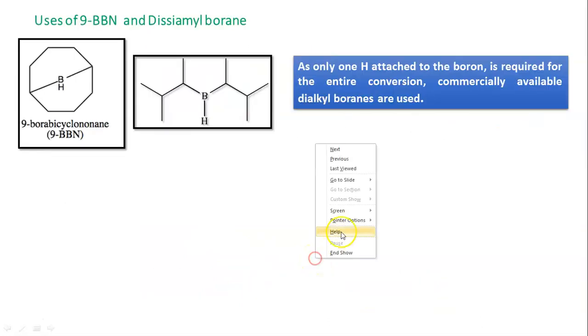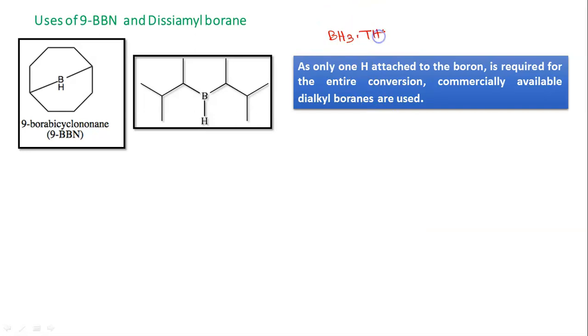Here we have some commercially available boron compounds. The BH3-THF complex is the reagent mostly used in most of the books, but there are two other boron compounds that are commercially available.